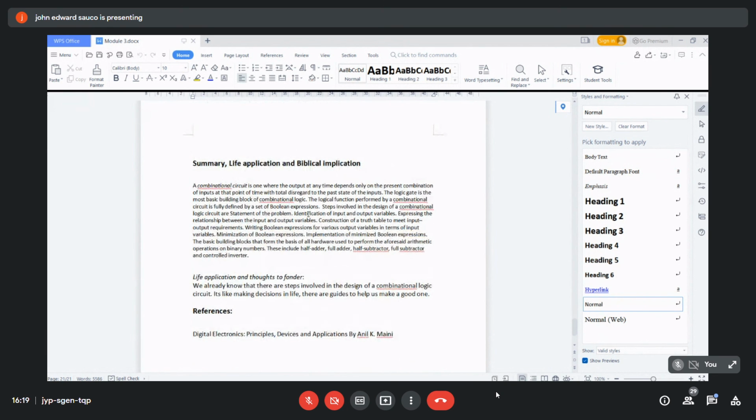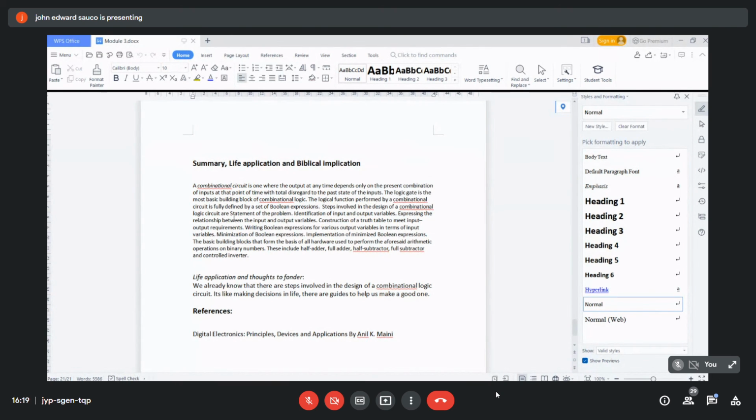Sana na-gets nyo yung diagram na yan. So, ito na yung ating summary. Yung combinational circuit is where the output depends only on the input. Okay. Logic gates are the basic building blocks of combinational logic. And logic function performed by combinational circuit is fully defined by a Boolean expression.